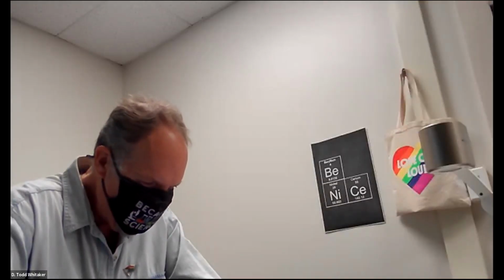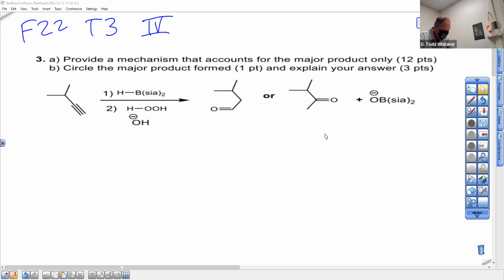We had a request to do test 3 from this semester, a good hydroboration mechanism. So on your final, there'll be a label, and it'll say hydroboration oxidation. So that would be there, hopefully trying to jog your memory.